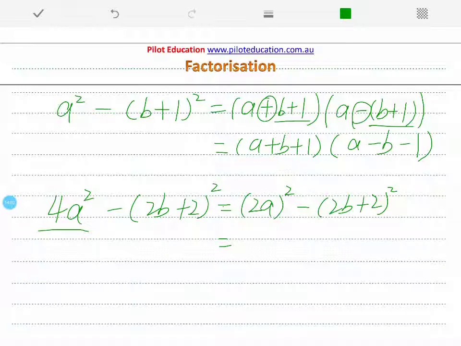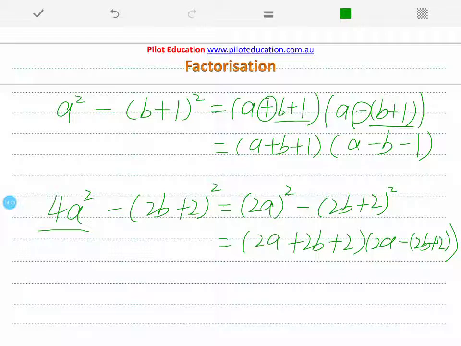That still fits the formula because one thing squared minus the other thing squared becomes 2a plus 2b plus 2 times 2a minus bracket 2b plus 2 close bracket. Expand this bracket. So 2a plus 2b plus 2 times 2a minus 2b minus 2. Okay?